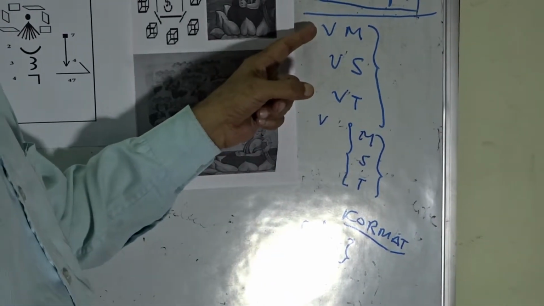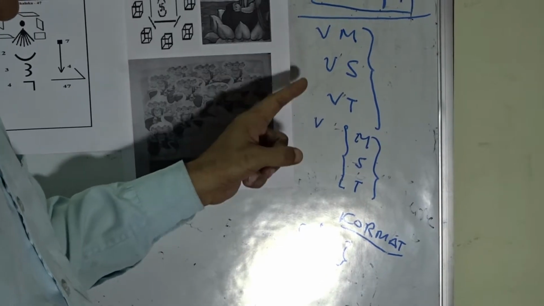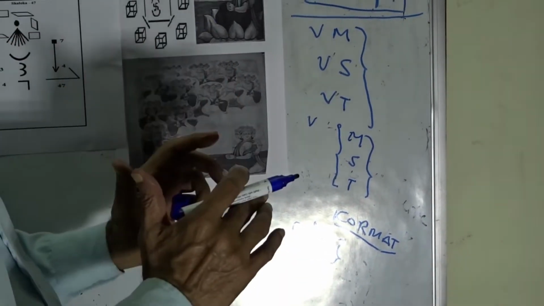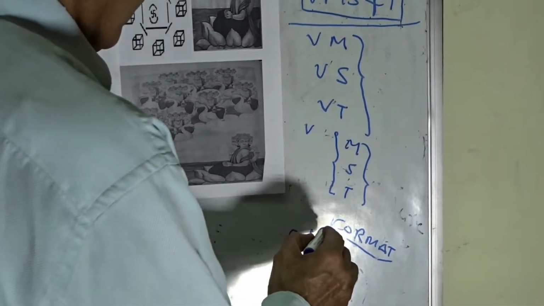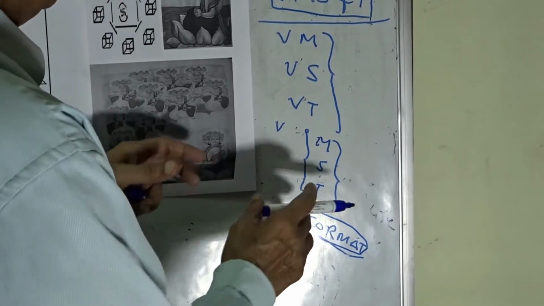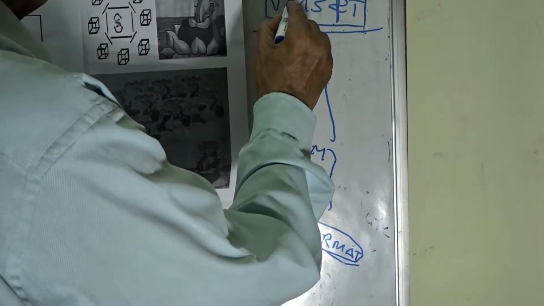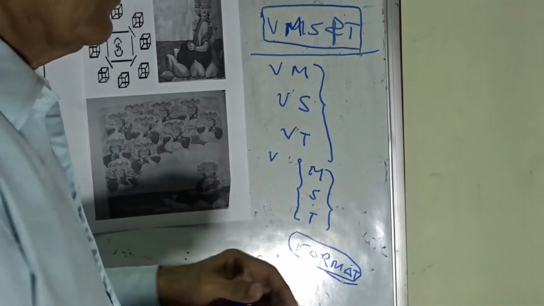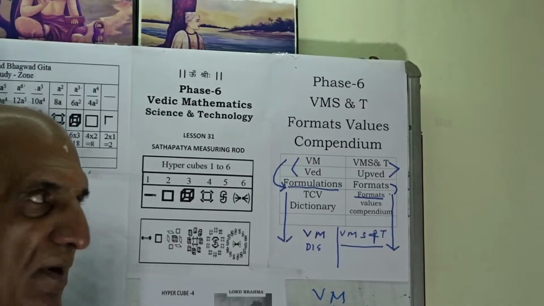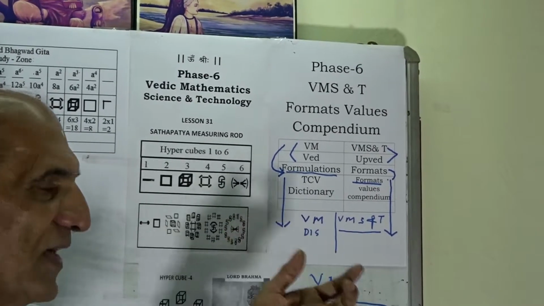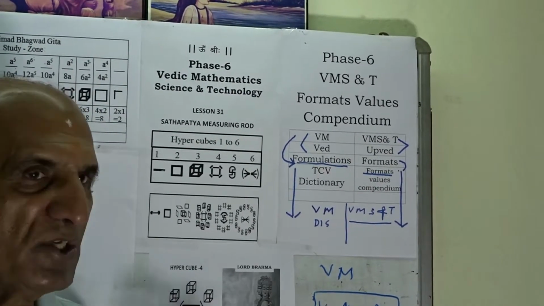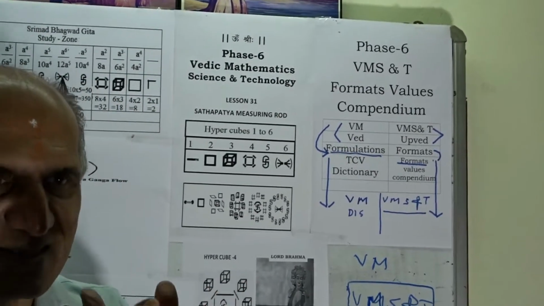Vedic mathematics, Vedic sciences and Vedic technologies together, when unified as a single format, make a discipline of VMST. So let us make a first entry in our formats, values, compendium that VMST is a discipline.